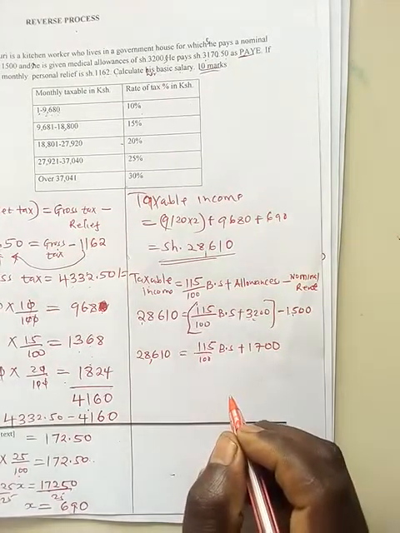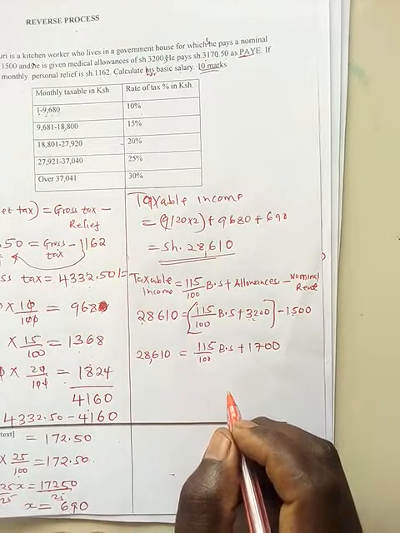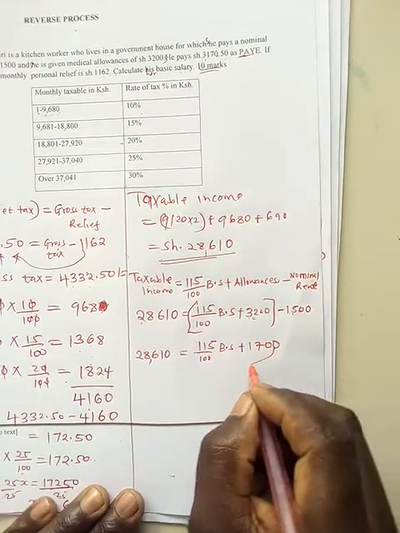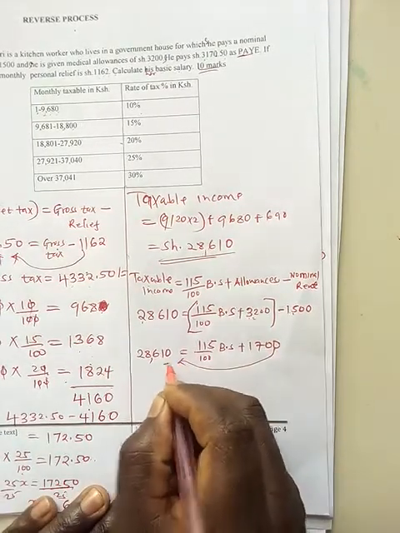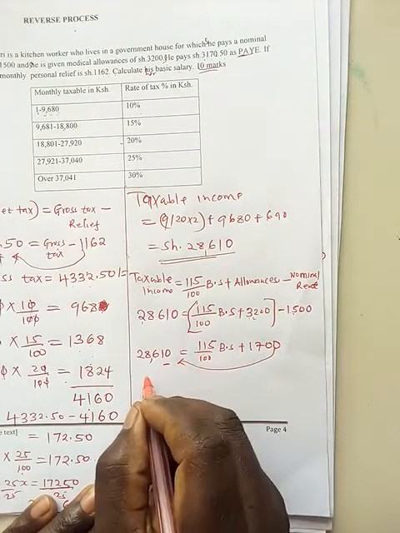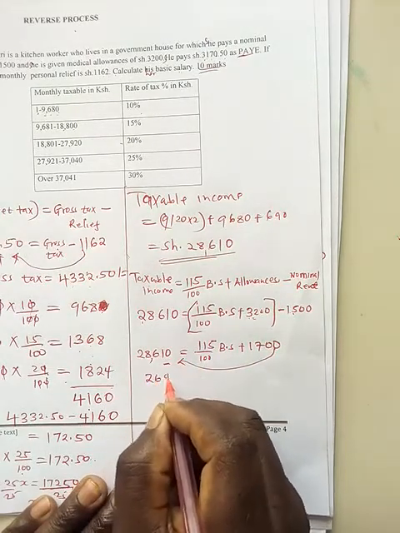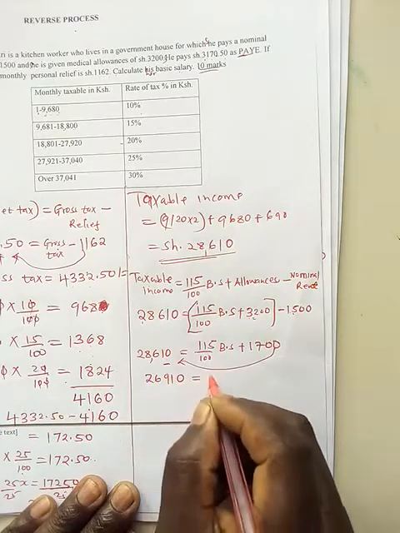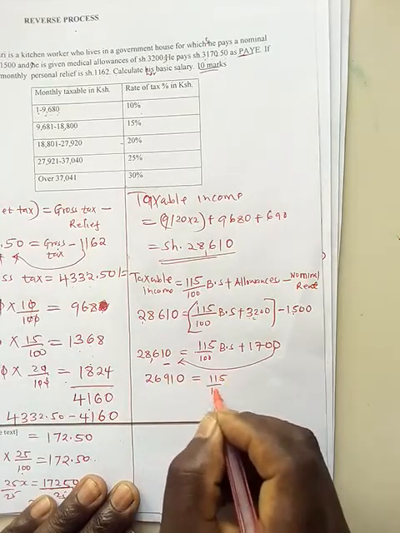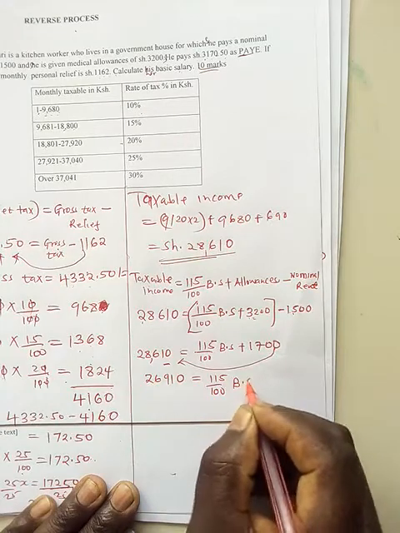Sawa? So the next thing ni kufanya nini? Like terms together. So hii itaenda this side na tufanye subtraction kwa sababu iko positive. Tukisubtract itatupea 26,910 equal to 115 over 100 basic salary.